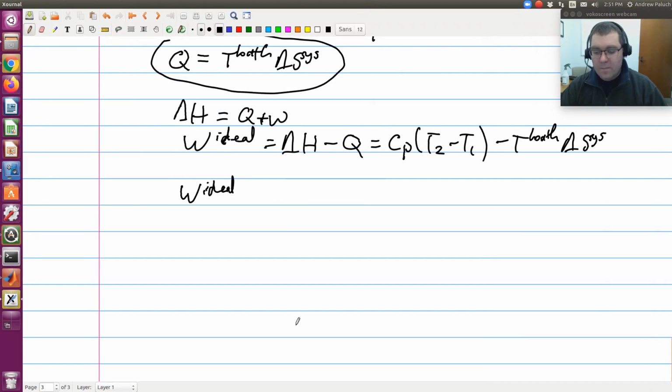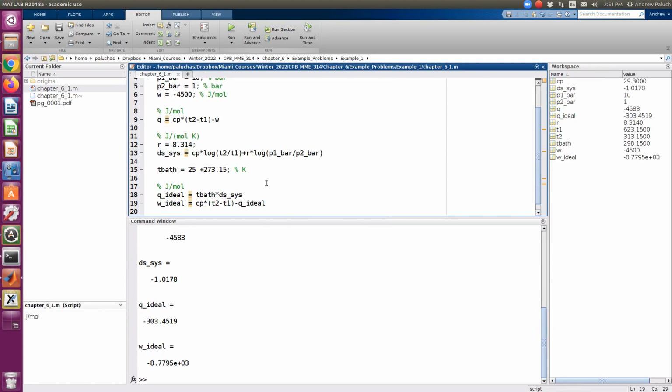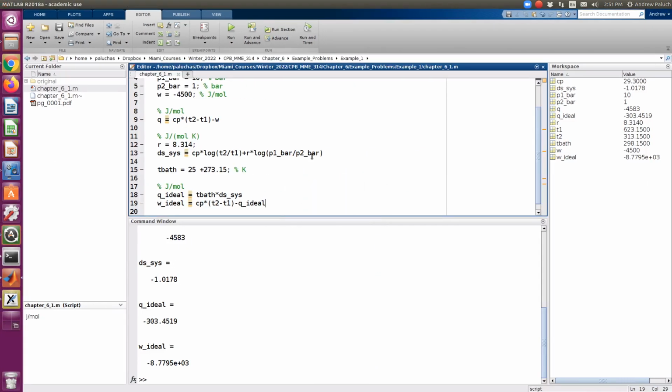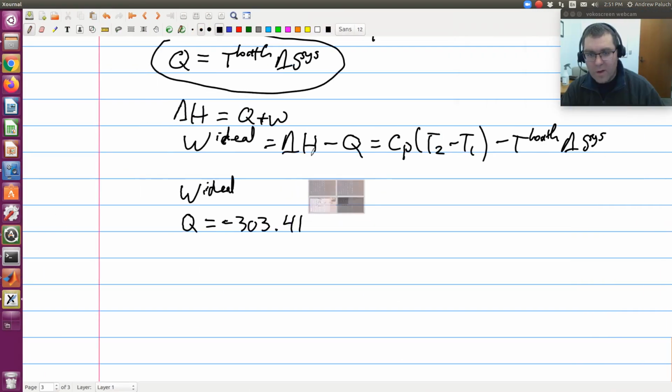Solving, we get that Q is equal to negative 303.4519 joules per mole.